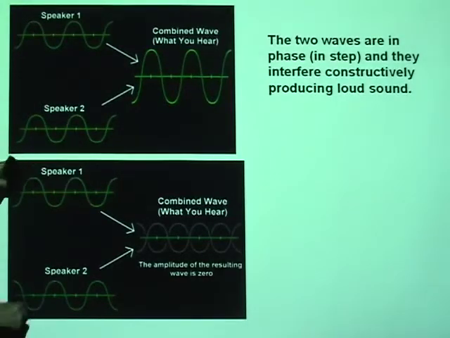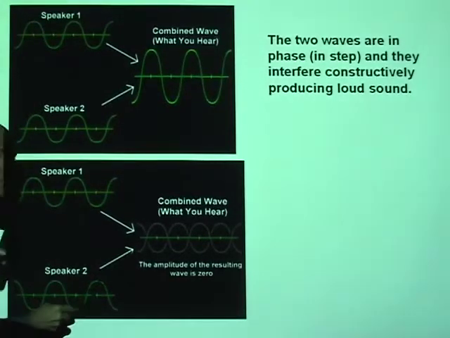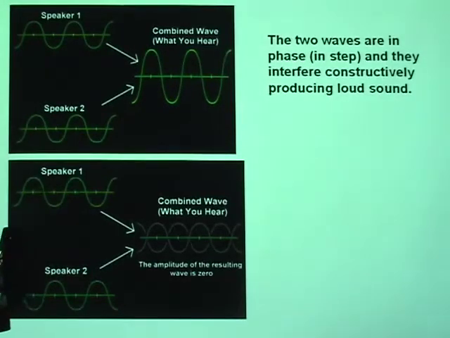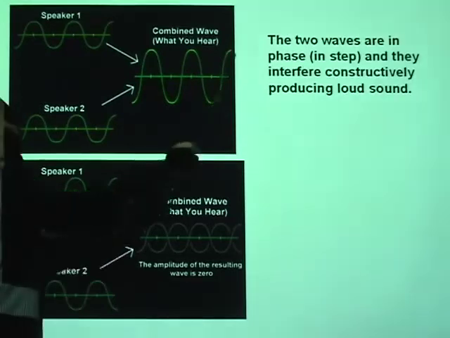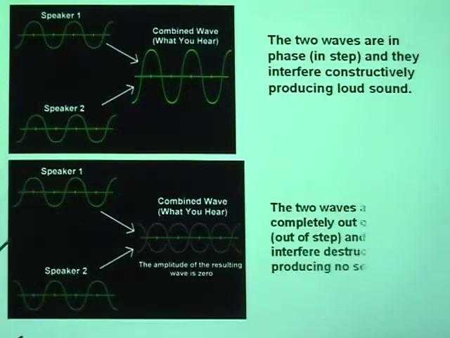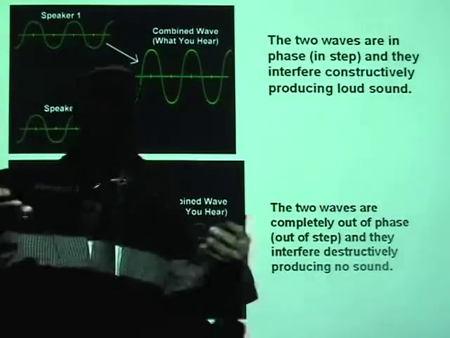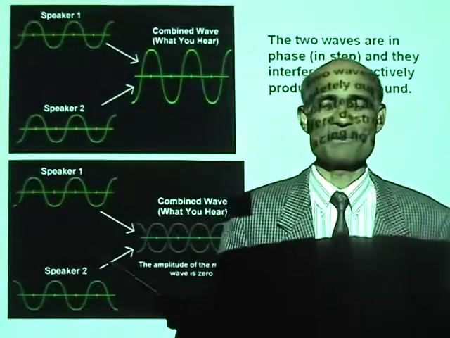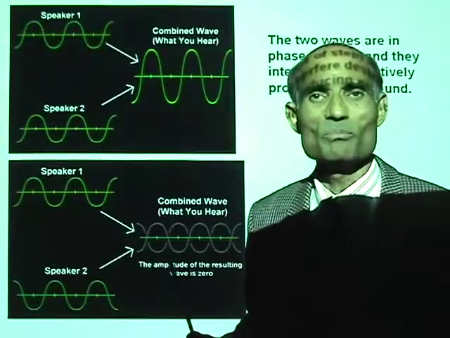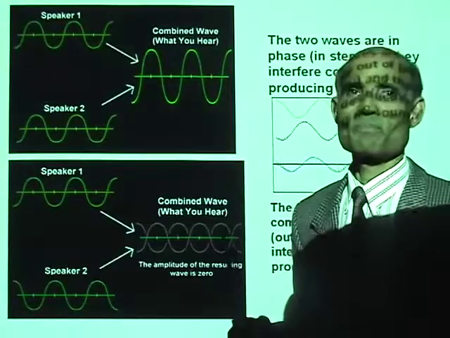That means the sound from speaker 1 and speaker 2 will destroy each other and you get no sound. So this is where you get loud sound and this is where you get no sound. That's the beautiful effect of sound. You can try and reproduce it at home if you have some time.